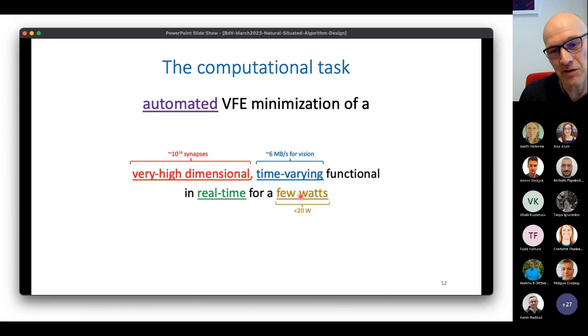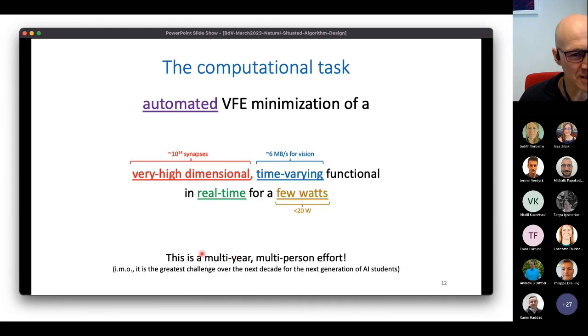So this is a huge problem, right? This is also why so far nobody has really built a brain. If we want to try this way, it's going to be a multi-year, multi-person effort. It's not something you give a master student. And I think it's the greatest challenge of the next decade for the next generation of AI students.